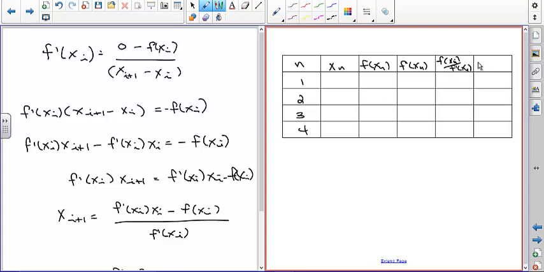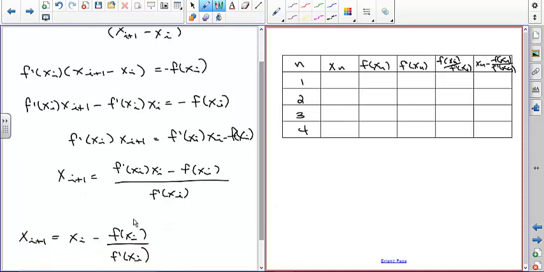And then x sub n minus f of x sub n divided by f prime of x sub n. So all I'm doing is calculating. This is my initial guess. Then I calculate the value of the function. I calculate the value of the derivative. I take the ratio of those two, which is this column, and then I just do the calculation. And that will give me my new value, and I'll put that down here. That'll be my new guess.